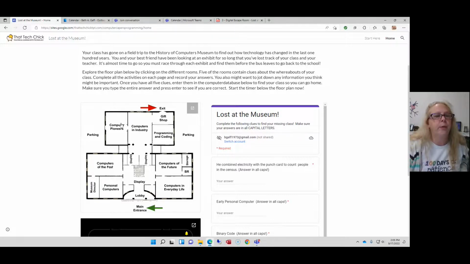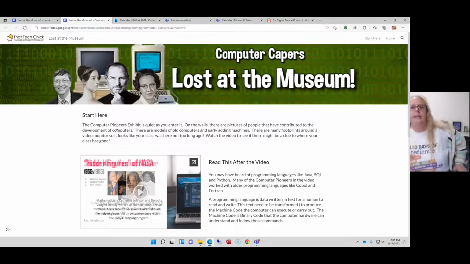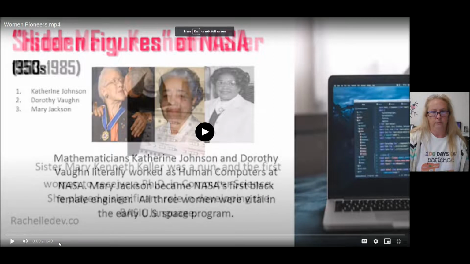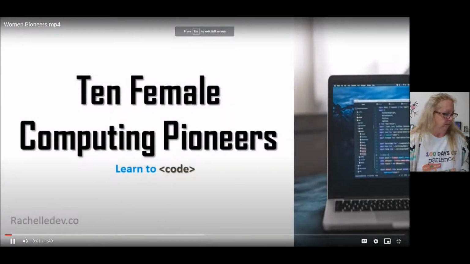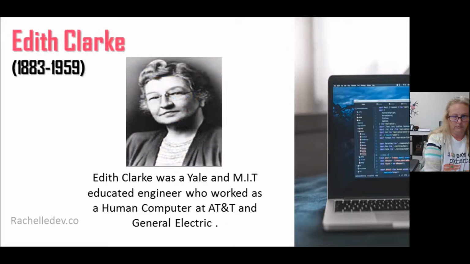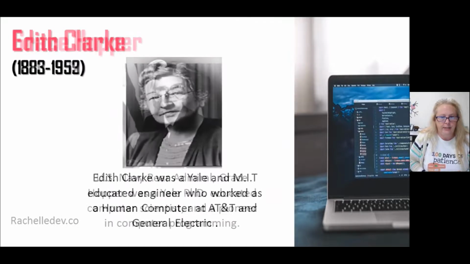So it says to click on a room. So let's go to Computer Pioneers. Read this after the video. Okay, Edith Clark was a Yale and MIT educated engineer who worked at Human Computer at AT&T.